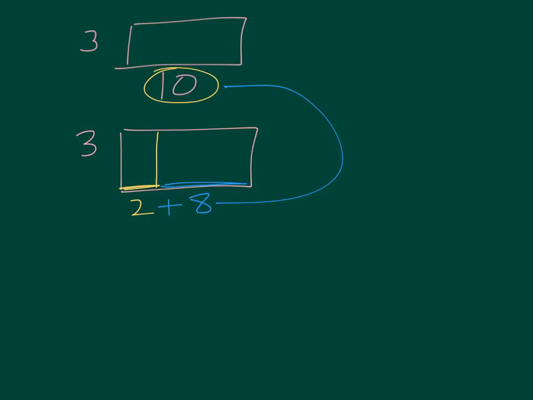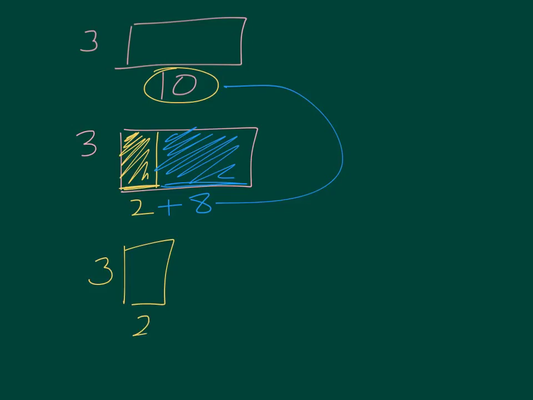So now I'm going to find the area of 2 rectangles. So you see there's one rectangle there, and there's another rectangle in there, okay? So let's look at the first yellow rectangle, 3 and 2, and the area of that is 6, okay? And the second rectangle, this one right here, is 3 and 8, and 3 times 8 is 24, okay?